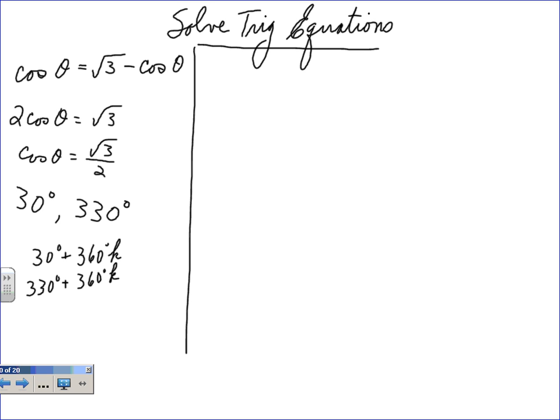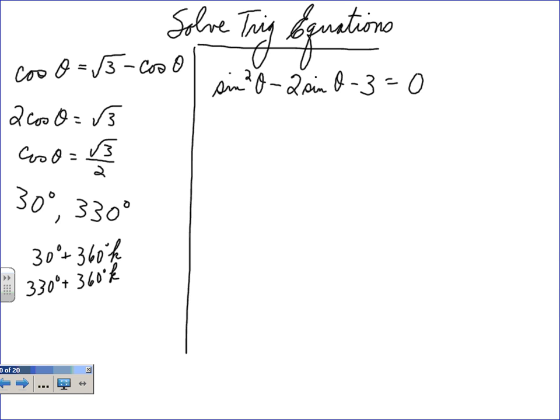Let's take another one. Let's take sine squared theta minus 2 sine theta minus 3. What does that look like? Yeah, Heather said it looks like a quadratic, right?